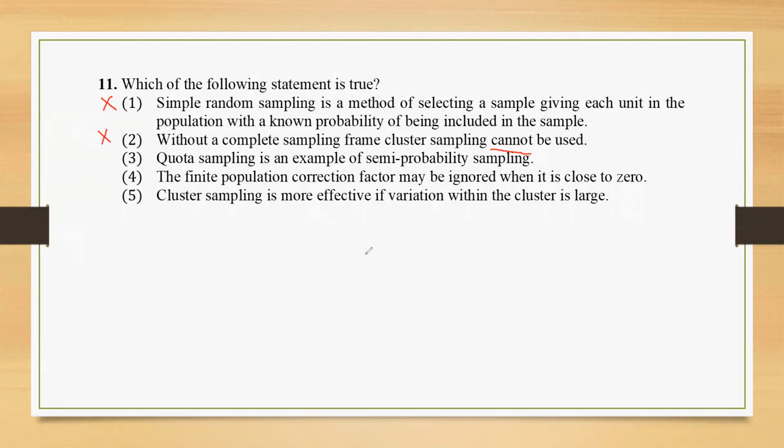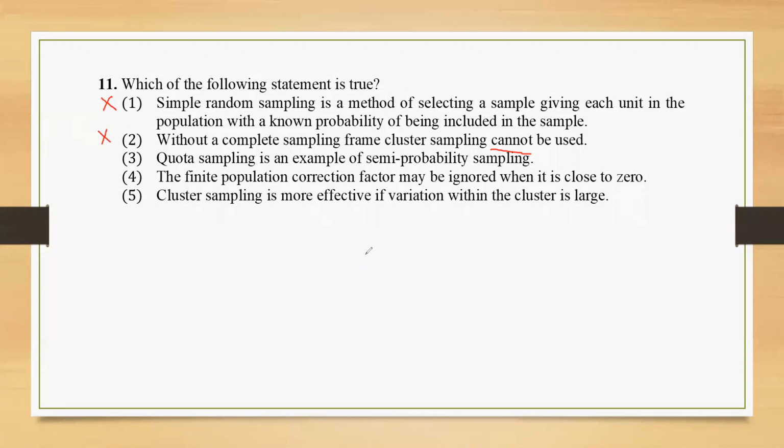We consider systematic sampling as semi-probability sampling, because in systematic sampling, when we select the first element, it is the random starter. It is the only element that we select randomly. All the others are selected based on that random starter.